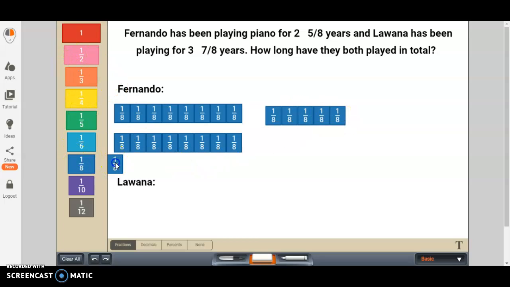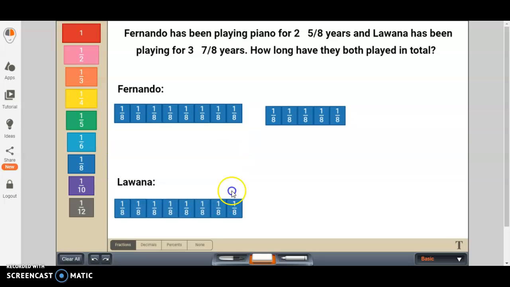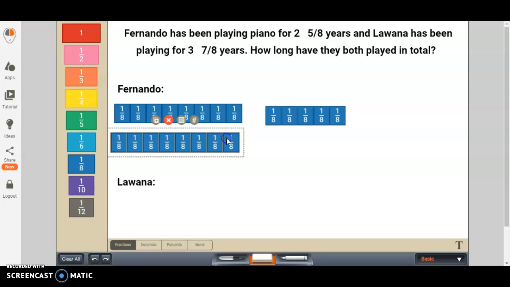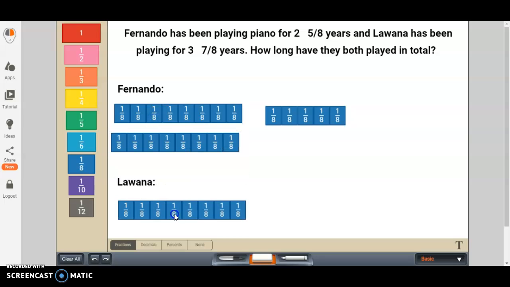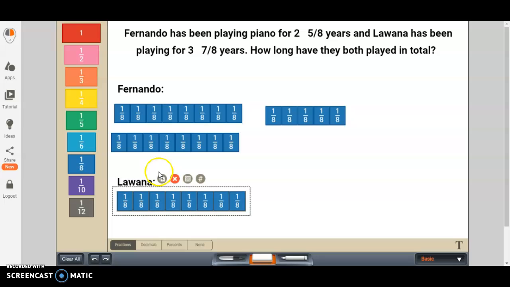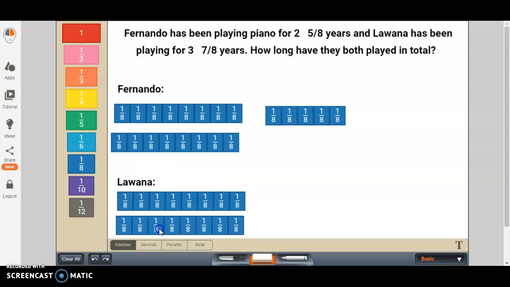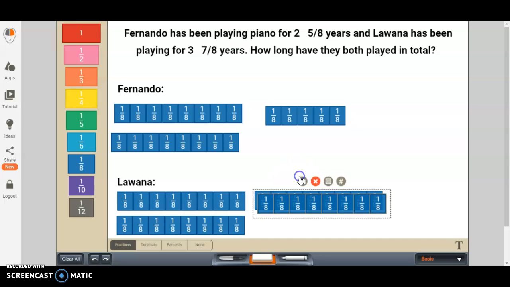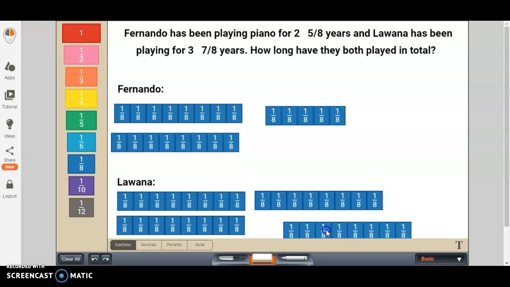And Lana has been playing even more than that. Lana's been playing 1, 2, 3 years, and 7/8. Take away 1, that makes 7.